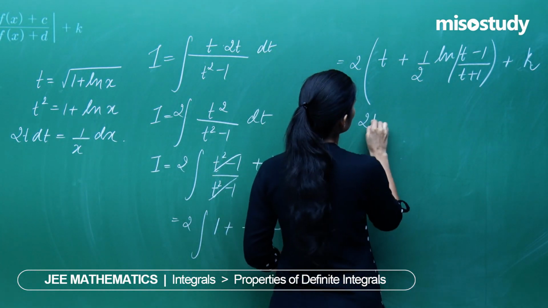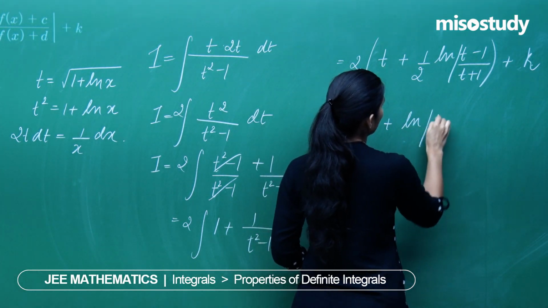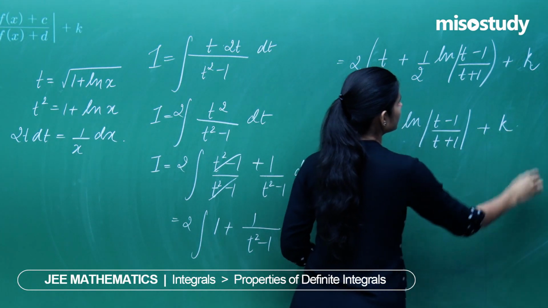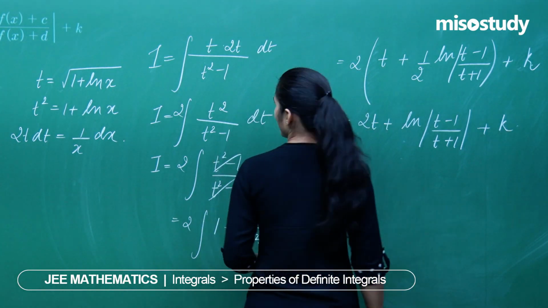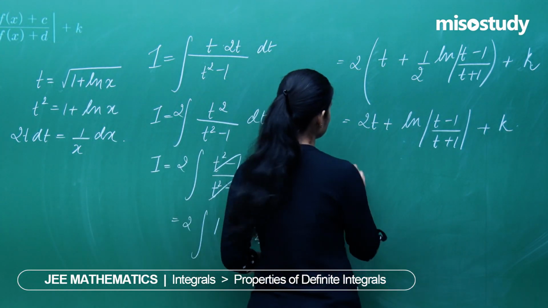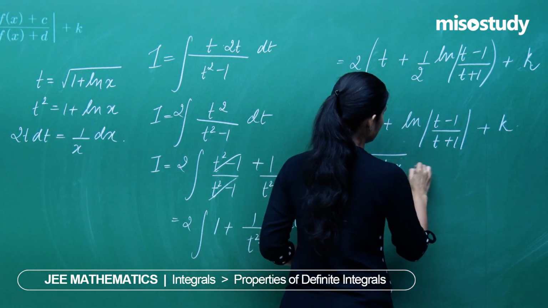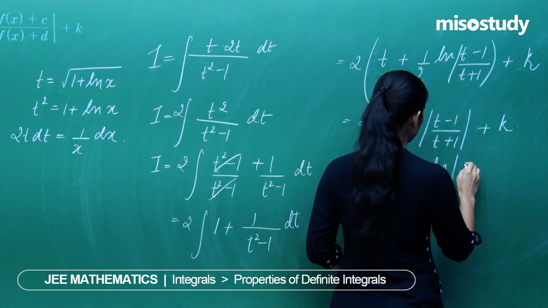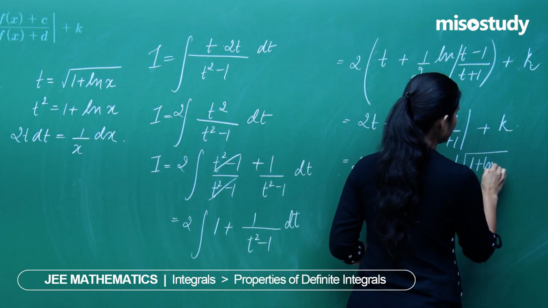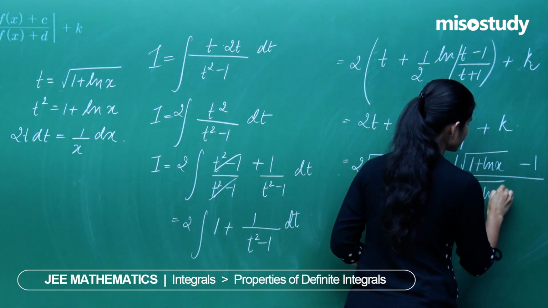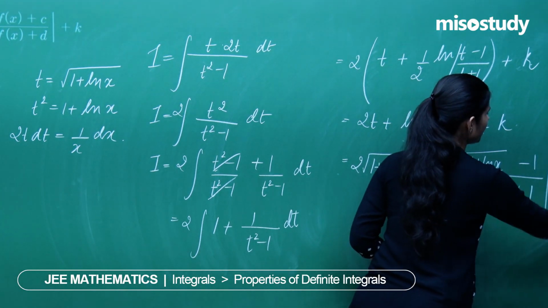So now I have 2t plus ln of mod of t minus 1 upon t plus 1 plus k. T is what? T is under root 1 plus ln x, plus ln of mod of under root 1 plus ln x minus 1 upon under root 1 plus ln x plus 1.